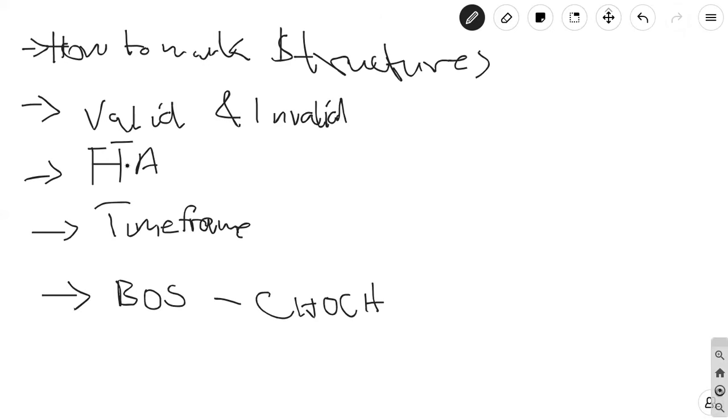So we're going to learn these things in this lesson, very important things that you need to learn. So let's start with the first one: how to mark a break of structure.